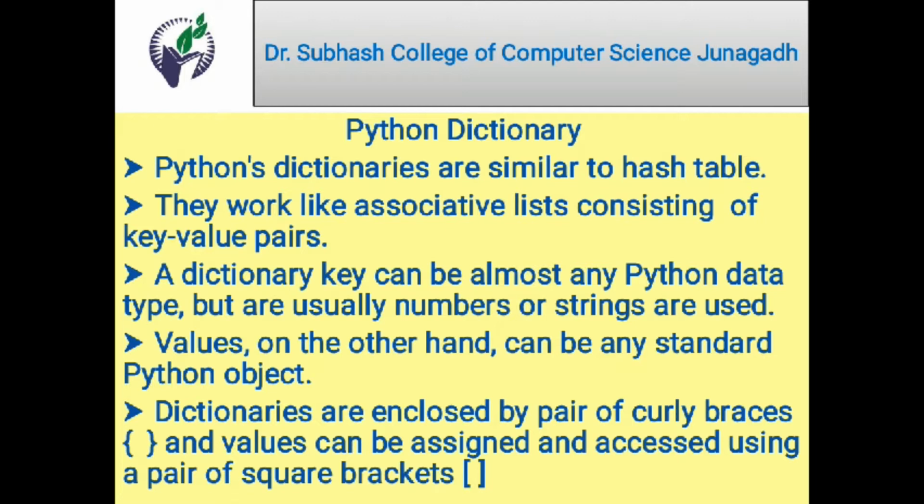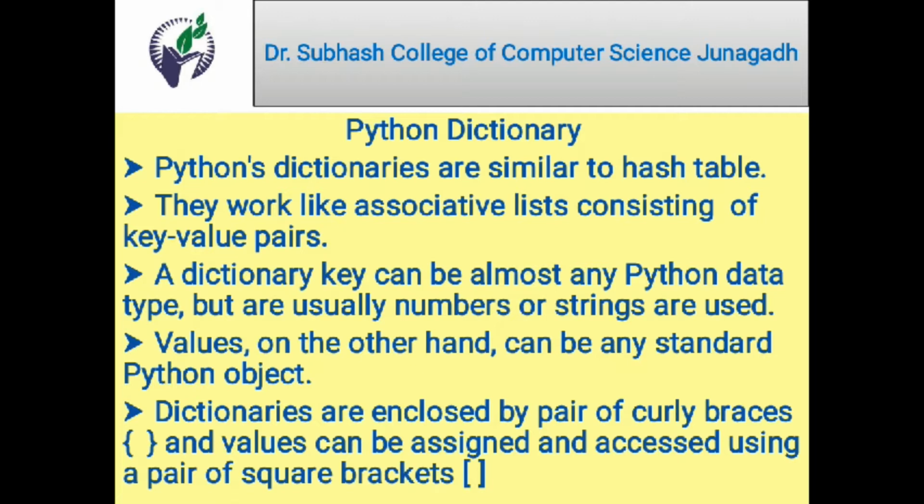To create a dictionary in Python, we enclose it in a pair of curly braces, and values can be assigned and accessed using a pair of square brackets. It means when we create a dictionary, we use a pair of curly brackets, and when we want to access any element, we use square brackets with the dictionary name.